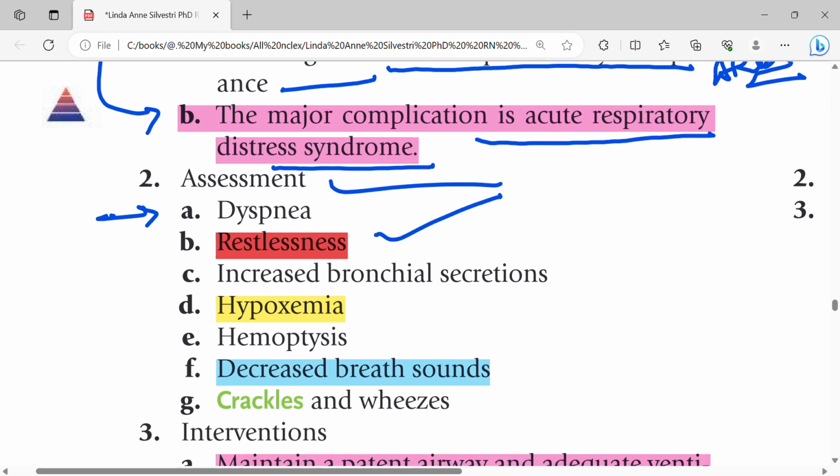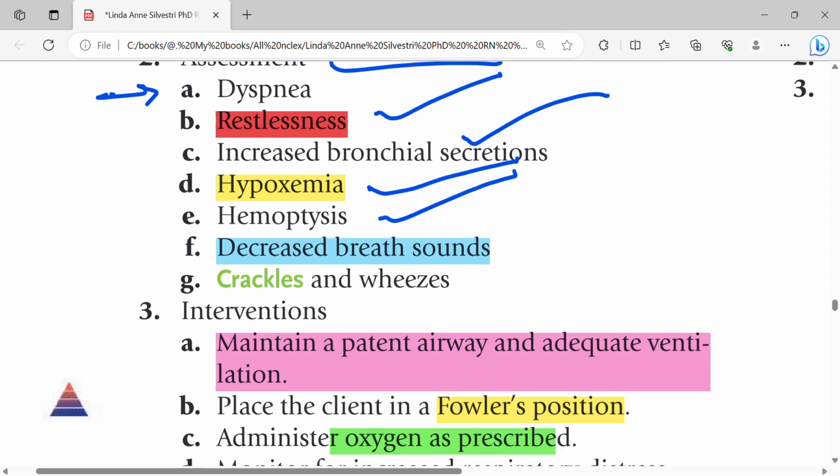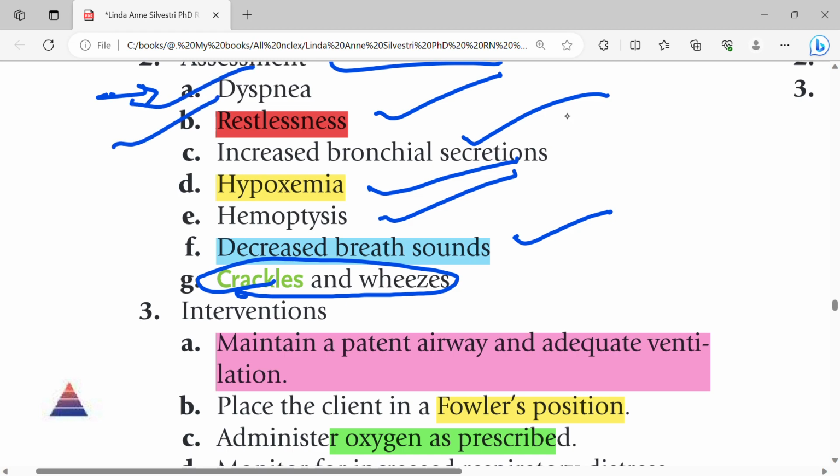The patient will be restless, with increased bronchial secretions, hypoxemia, hemoptysis, decreased breath sounds, and crackles and wheezing sounds can be heard.